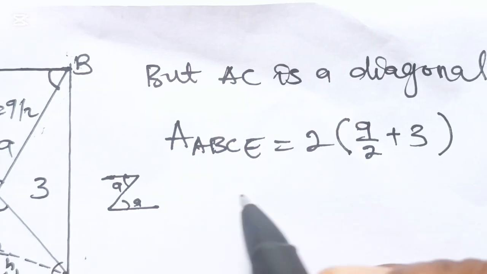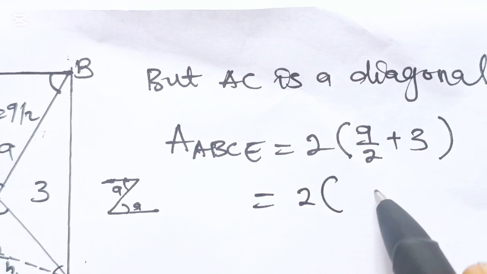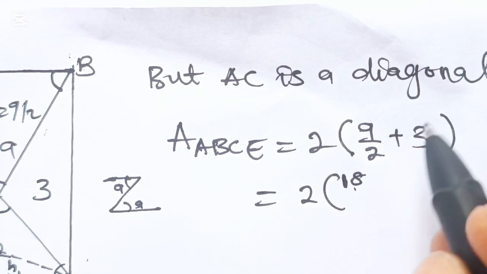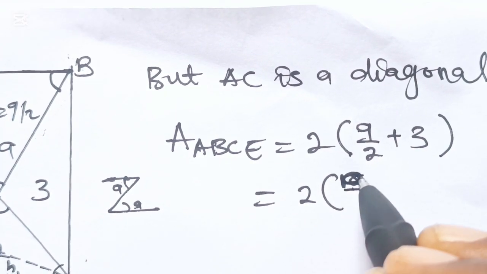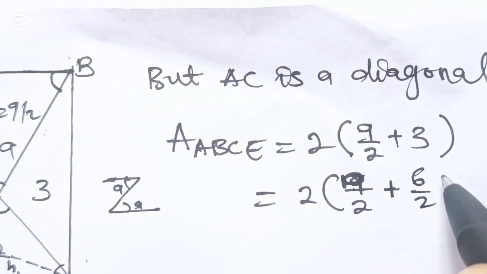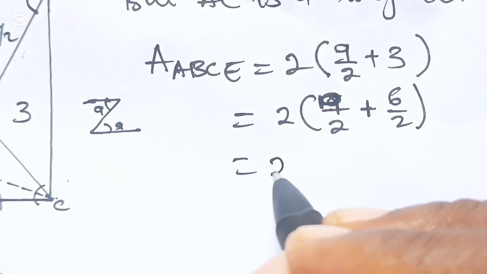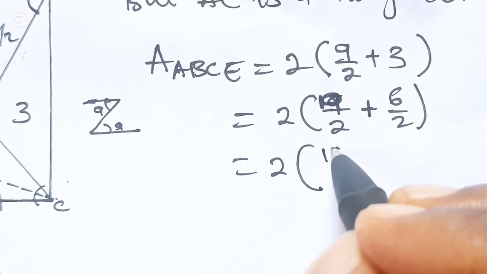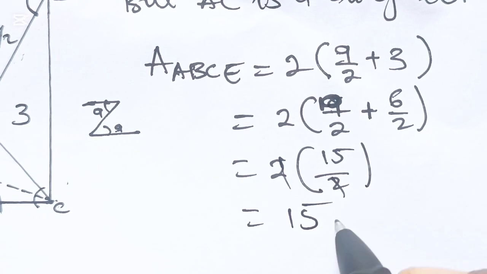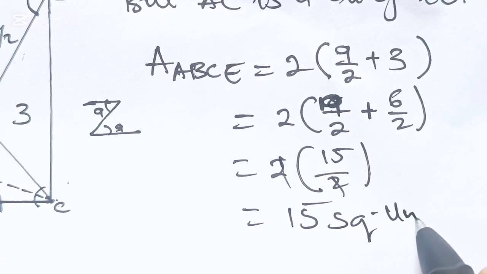So this is equal to 2 brackets, 9 over 2 plus 6 over 2. 9 plus 6 is 15 over 2. So this 2 will remove this 2, and we have that the area is 15 square units.